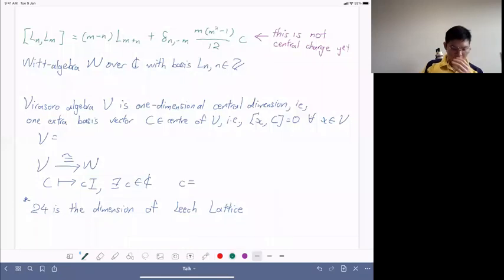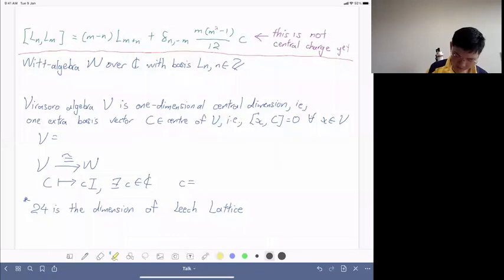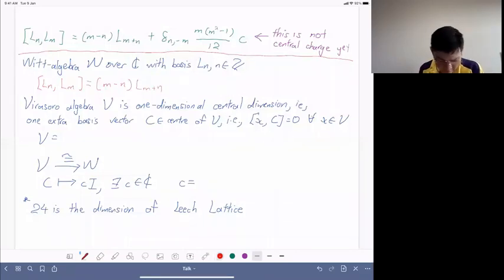So let's talk about Witt algebra first. So let's draw a line here. So this is Virasoro algebra. So Witt algebra, what is Witt algebra? Witt algebra is just the same commutator, but only gives you the front part. And Virasoro algebra is this Witt algebra plus a central extension.